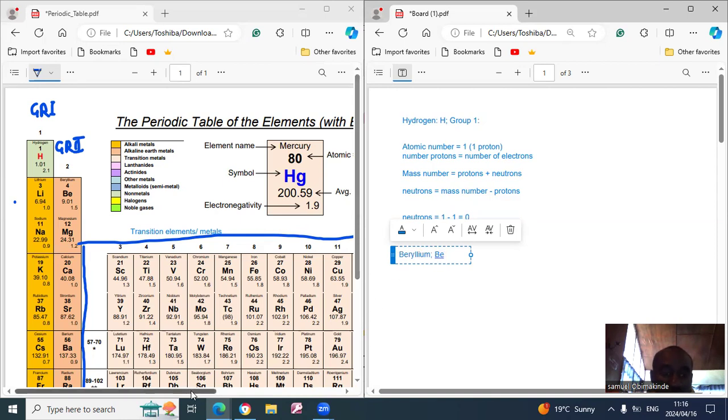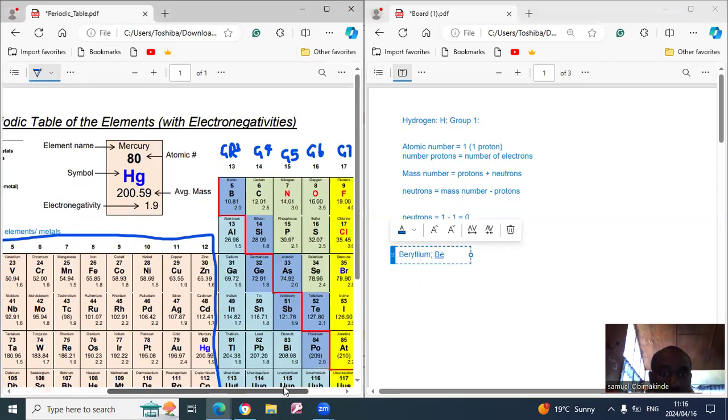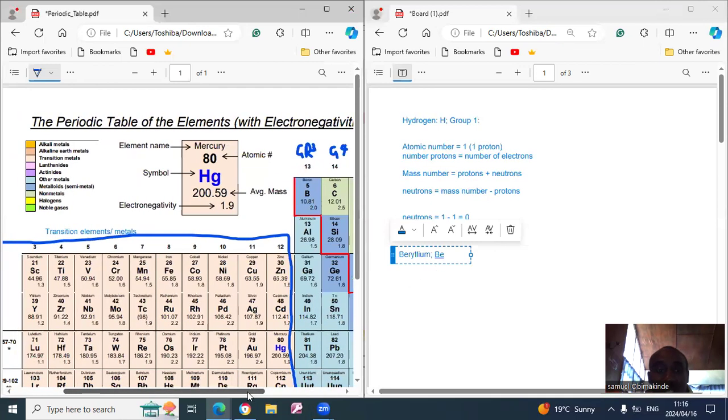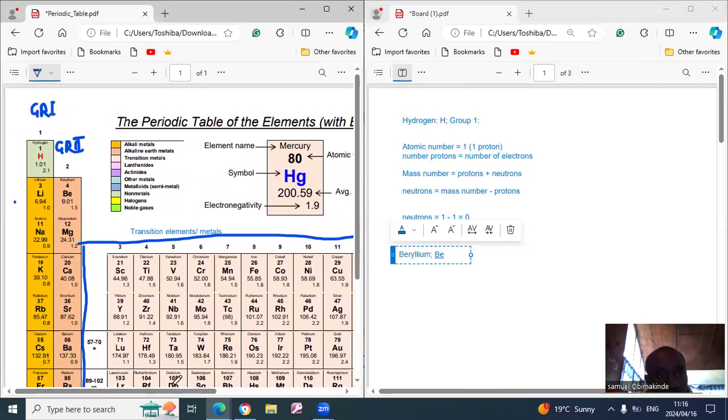But I will show you now. You can see here boron. This is boron here. So the atomic symbol is B. So if you wrote B as the atomic symbol of beryllium, you will be wrong. That is why you need to practice with these things over and over so that you will be able to get used to things like this.